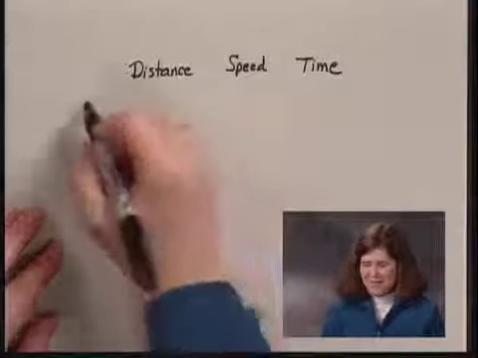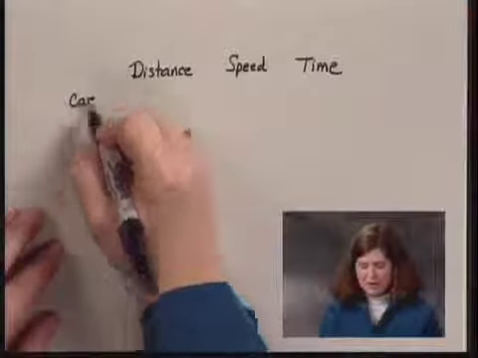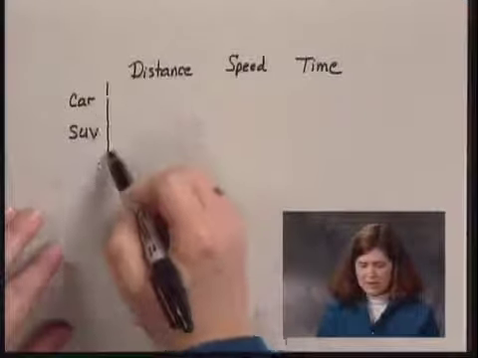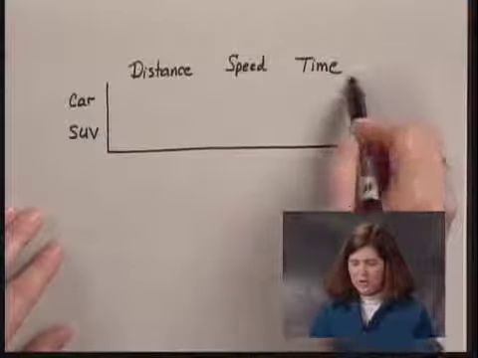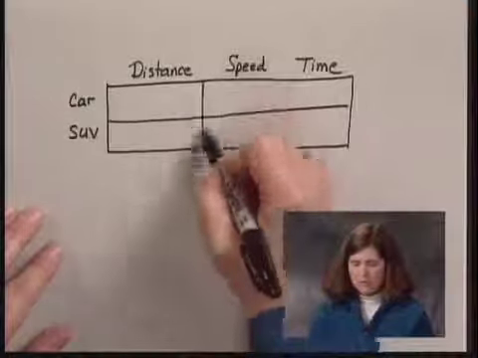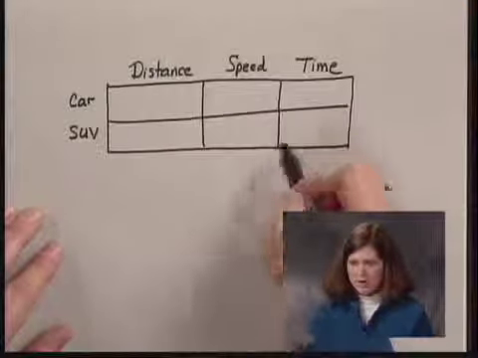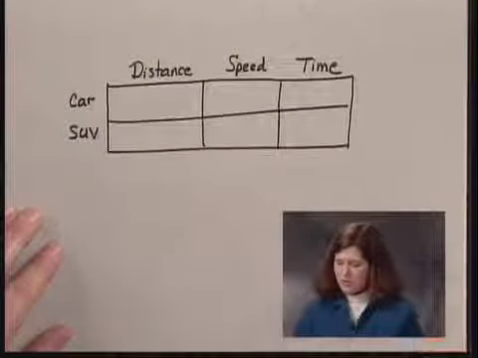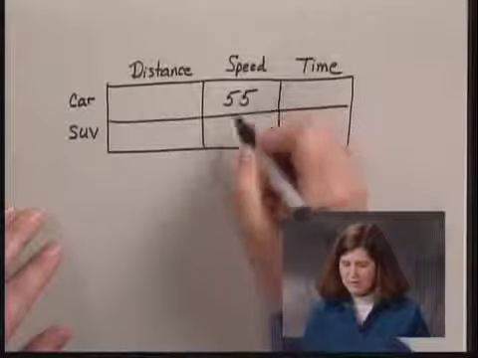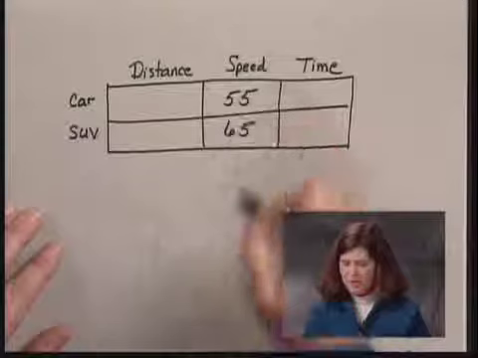In this case, we have the car and the SUV. Now we can fill in everything that we know in the columns. We're given the speed of both vehicles. The car travels 55 miles per hour and the SUV 65 miles per hour.